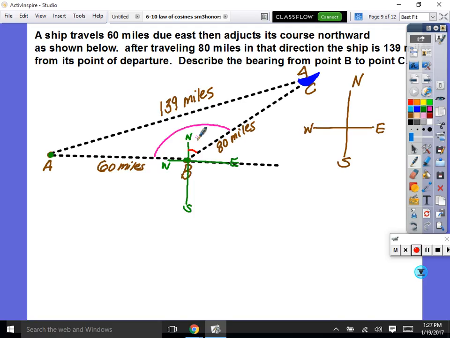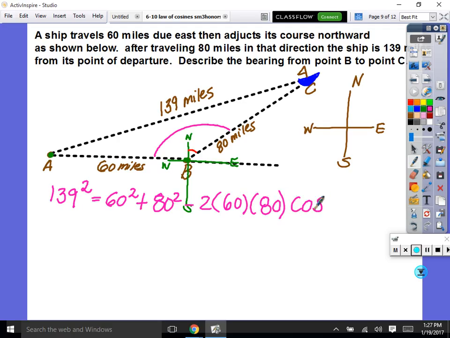Here we go. So let's call that angle B. So the side opposite is 139. So you'd say 139 squared equals 60 squared plus 80 squared minus 2 times 60 times 80, and then cosine of B. Go for the algebra. So I did show some work here.